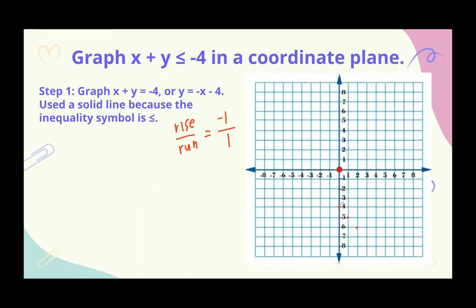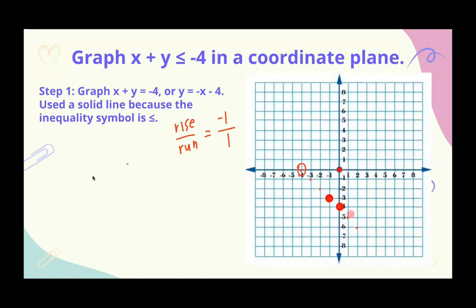You can also do up 1 to the left and up 1 to the left. And now you can connect these points with a line. Also, I just wanted you to notice that if you keep going until you hit the x-axis, you'll get the exact same x-intercept of -4. Now I'll go ahead and plot my line.